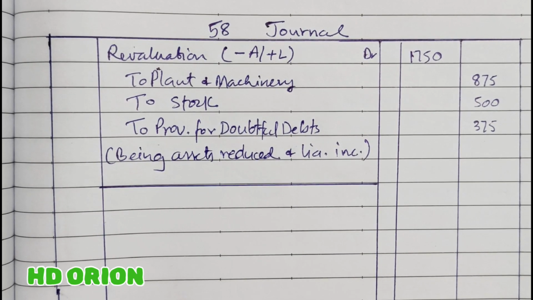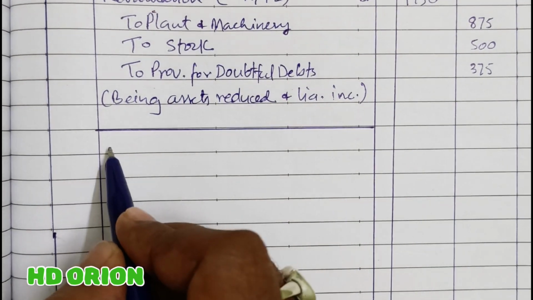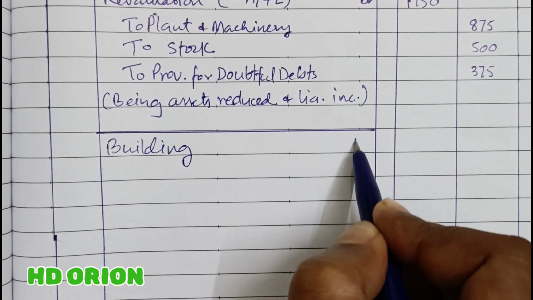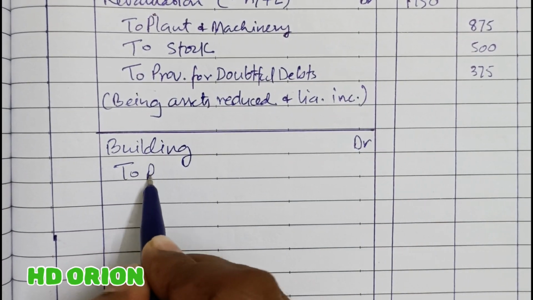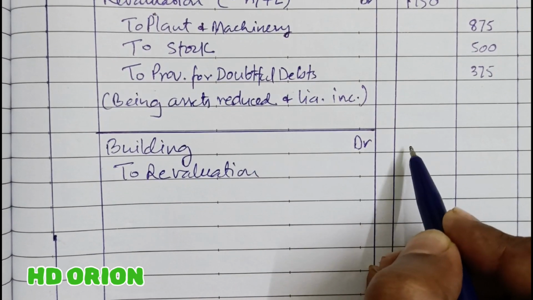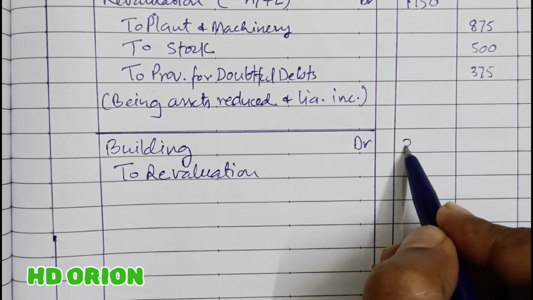Now in point D, it says building is to be appreciated by 10%. So reverse of the first entry, in that building account will be debited to revaluation account, and amount of 25,000's 10% is 2,500.